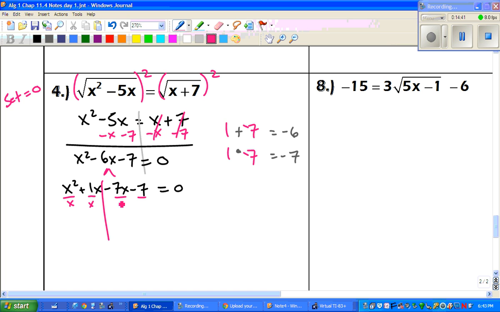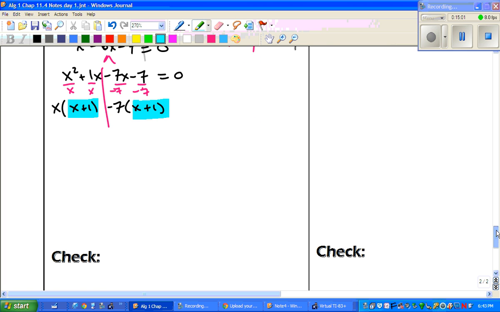You can factor out an x, and since our leading coefficient is negative, we can factor out a negative 7. So when we factor that out, we're left with x plus 1. Factor out the negative 7, you're left with x plus 1, which is good, because those guys match up.